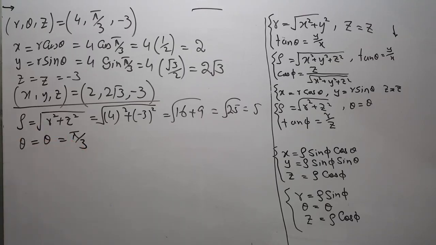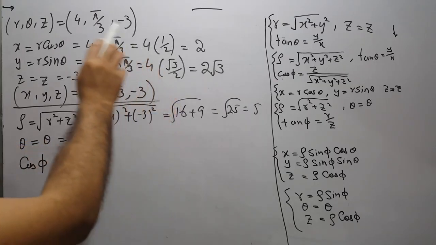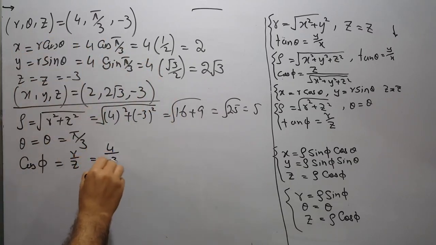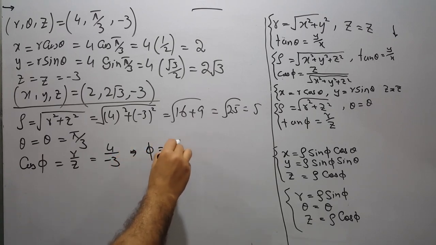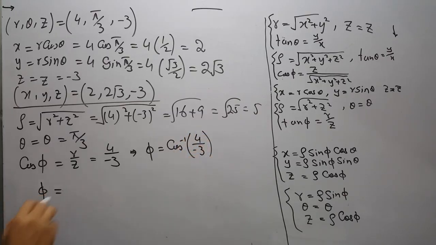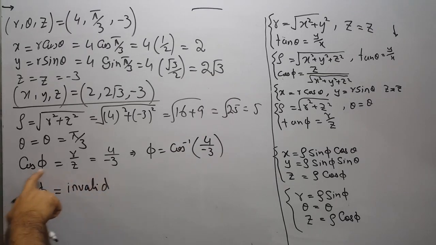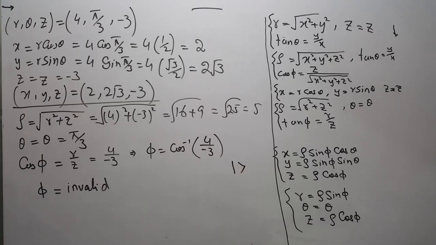And the last thing is that you have to find phi. So cos phi is equal to, according to the formula, z over rho. Here, cos phi is r by z, which is 4 over minus 3, and cos inverse of 4 over 3 gives you something greater than 1.